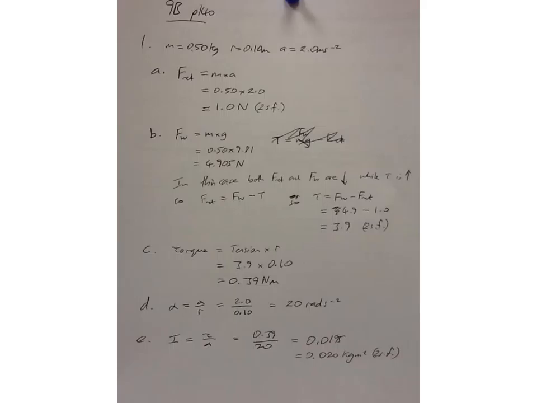the string will attempt to fall with the mass, but the rotational inertia of the large wheel will resist the acceleration of that string, and that's due to the rotational inertia of the wheel.